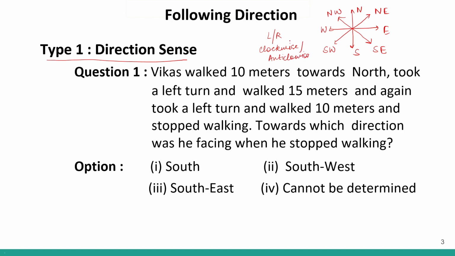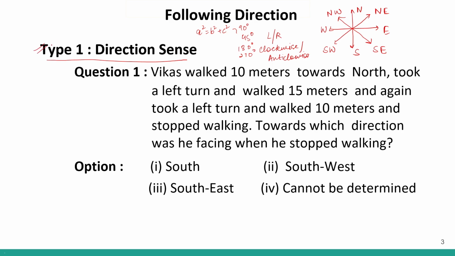Then we talked about rotation, so 90 degrees and 45 degrees rotation, 180-degree rotation, 270-degree rotation. We discussed all these. And then I also told you about Pythagoras theorem, which is a square equals b square plus c square. So all these concepts were discussed in the previous lectures. Based on all these concepts, today we will solve the questions on following directions.